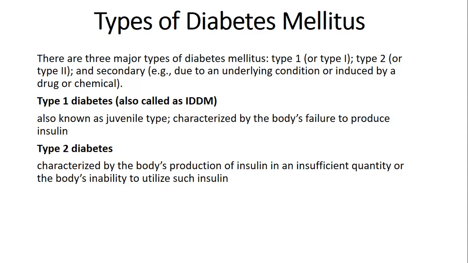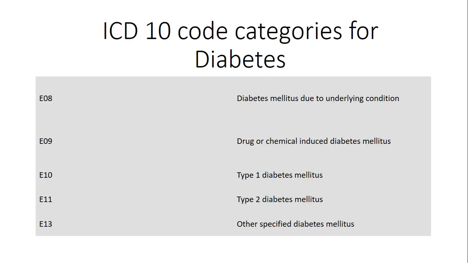So the main difference between type 1 and type 2 diabetes is that there is no production of insulin in type 1 diabetes, while in type 2 diabetes the insulin is either insufficient or not properly utilized by the body. Coming to the ICD-10 coding categories, E08, E09, E10, E11 and E13 are the major categories for coding diabetes.